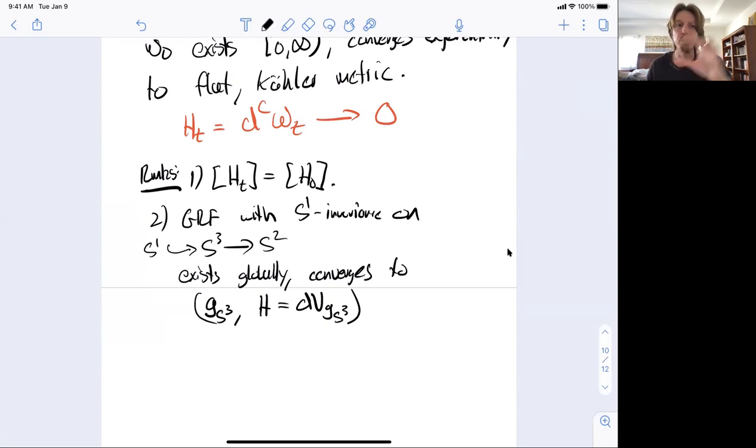But if instead you just look at S2 cross S1 and think of G, and then H is 0, then it's just Ricci flow on S2. And as Mario mentioned, it has a finite time singularity. Which again, just to clarify what I said earlier, you have to normalize the flow to get the convergence.